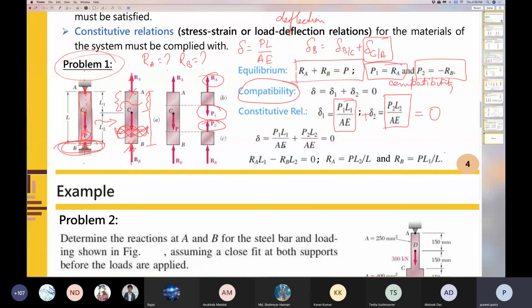If I substitute them in this equation, I end up with another linear equation in terms of RA and RB. So now I have two equations, RA plus RB equals P and RA L1 minus RB L2 equals 0. From these two equations, you can calculate RA and RB separately.